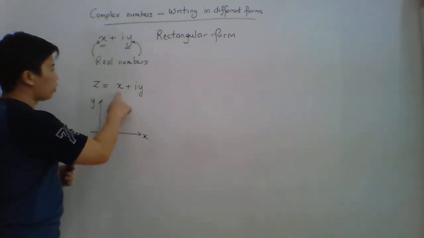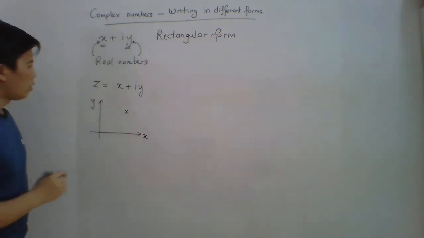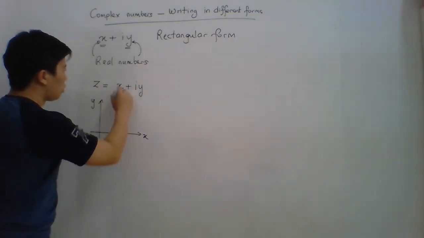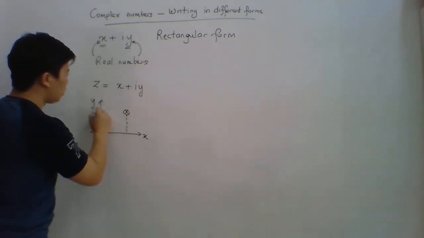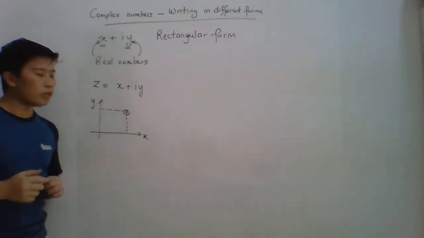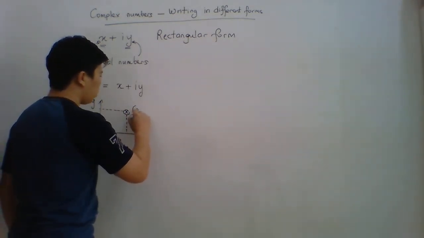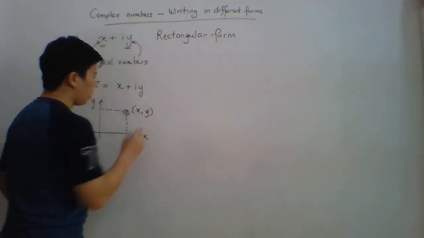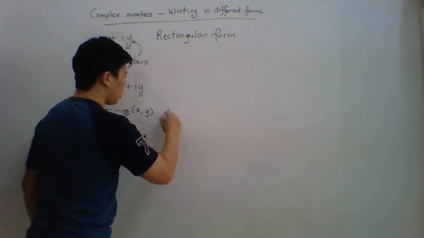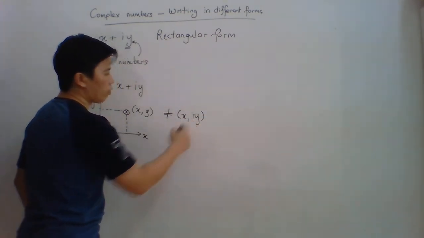So here, for a given value of x and y, you can have a point over here. So this will correspond to this value x, and this will correspond to the value y. So this is another way of representing. So now you can write this as (x, y). So please remember, this is (x, y) and not x, iy. So you do not have this i over here.